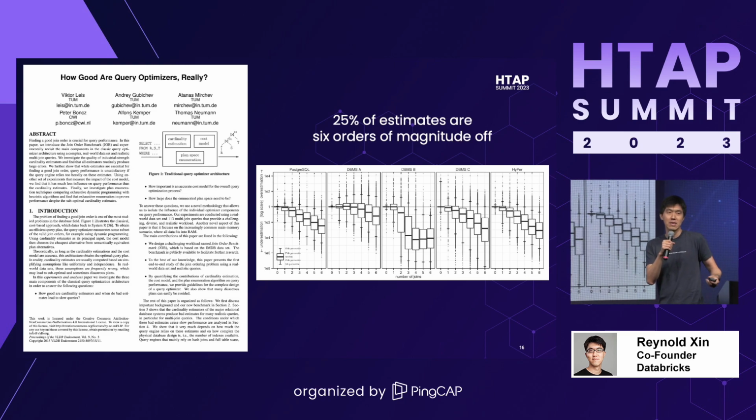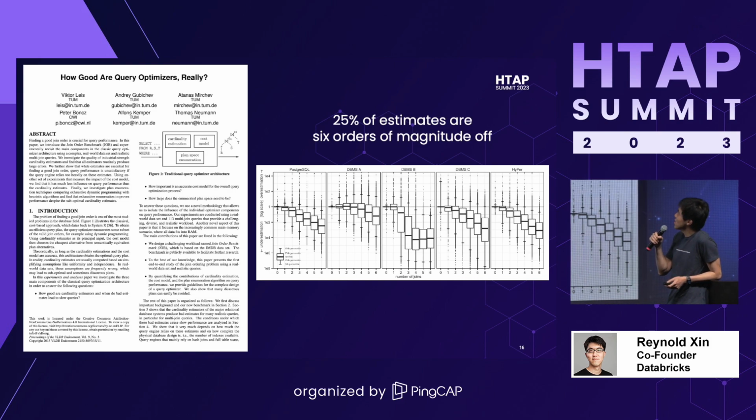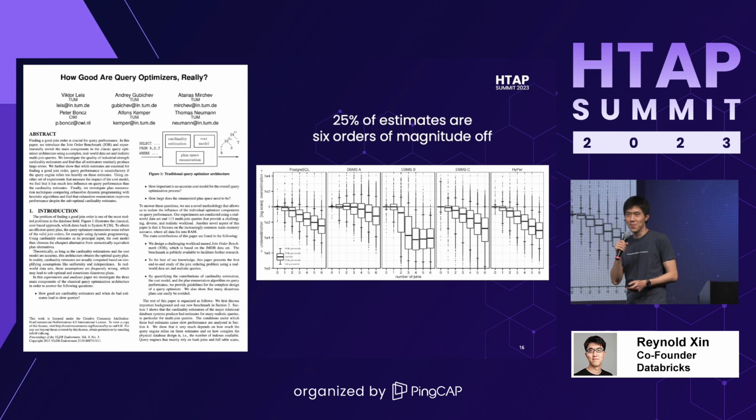It's surprisingly bad, all the optimizers. The money chart is this one. It says that 25% of the estimates in a query optimizer can be 6 orders of magnitude wrong. If you make a mistake that is 6 orders of magnitude wrong in your job, you'll be fired. But when a database makes a mistake that is 6 orders of magnitude wrong, you have to learn how to deal with it.